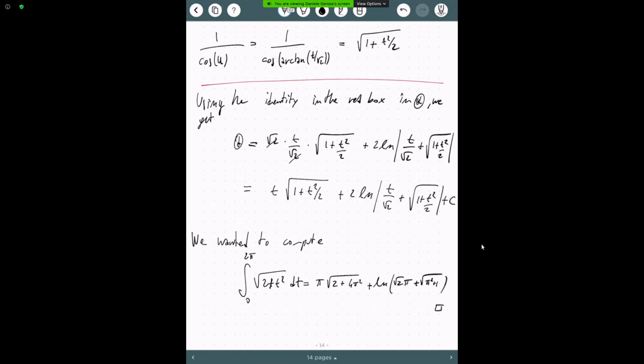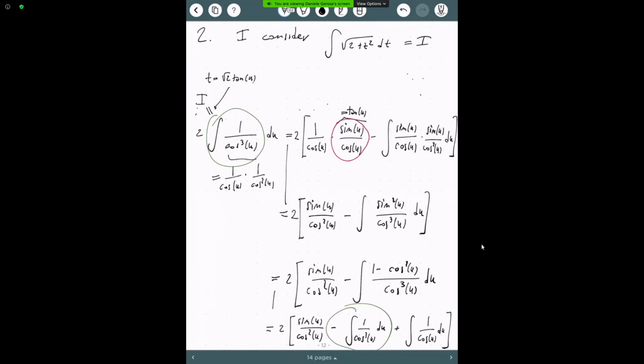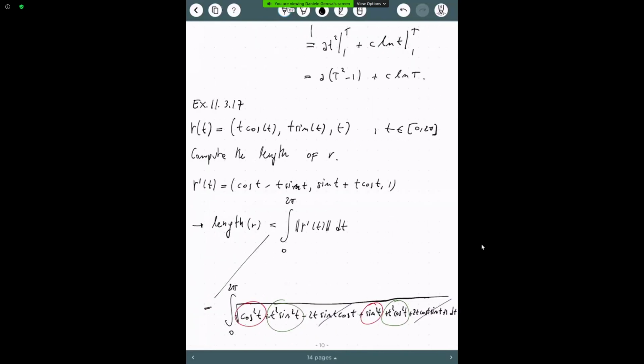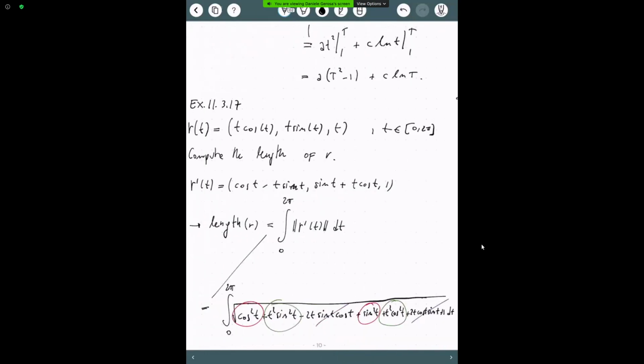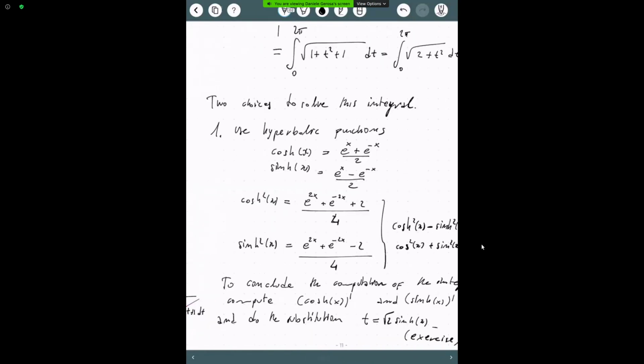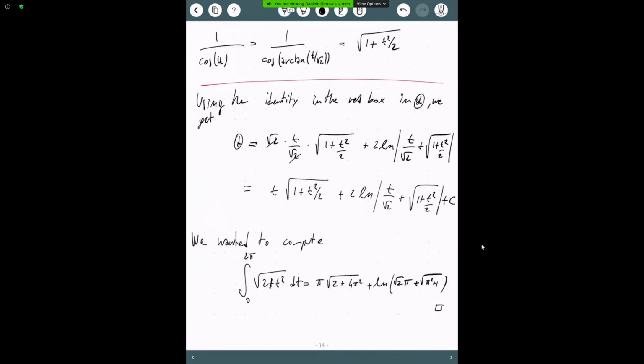So you see that here the difficulty is about computing integrals. Of course, with hyperbolic functions it would have been much easier, but it's good to see two solutions. These are just the tools that you have from analysis in one variable. So I skip the 19. I go to something slightly easier.